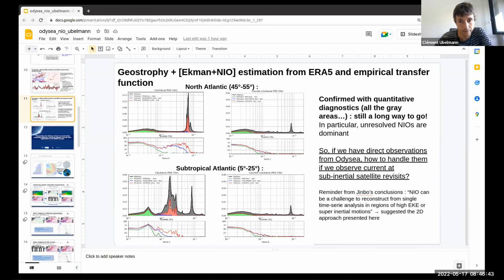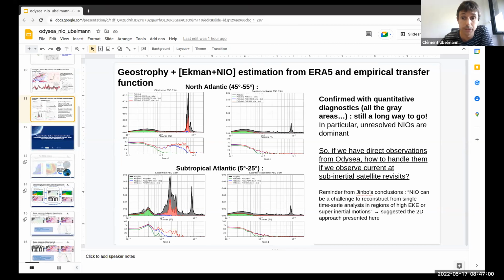So we see that here, with all the assumptions we had to make because of imperfect wind and very few drifters, with a large scale transfer function and only one seasonal harmonic, we capture about, even a bit less than, 50% of the NIOs.